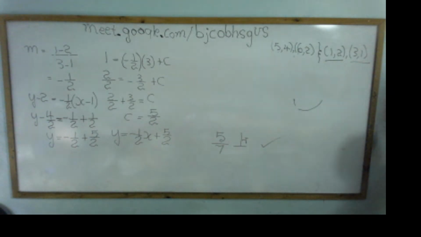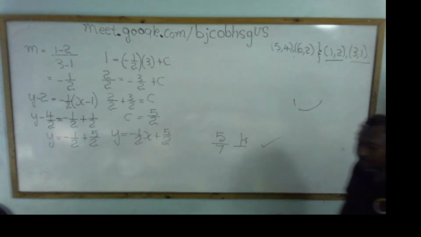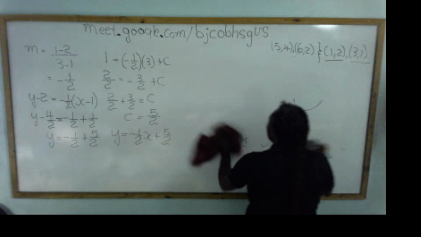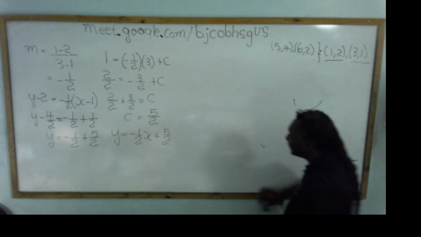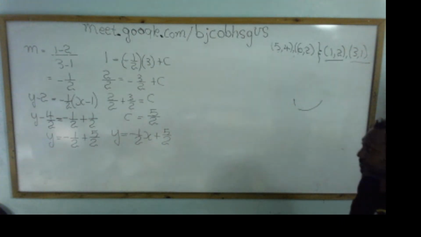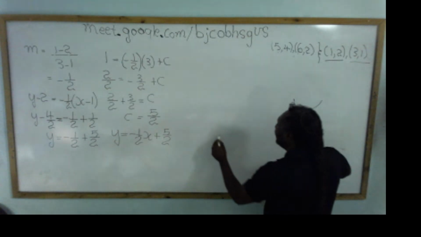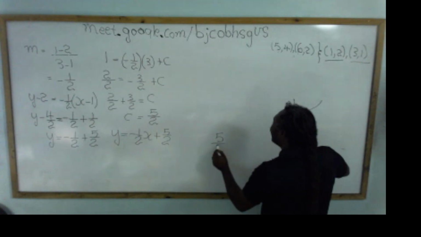Okay. Oh, did we put 5 over 7? Five over 7.